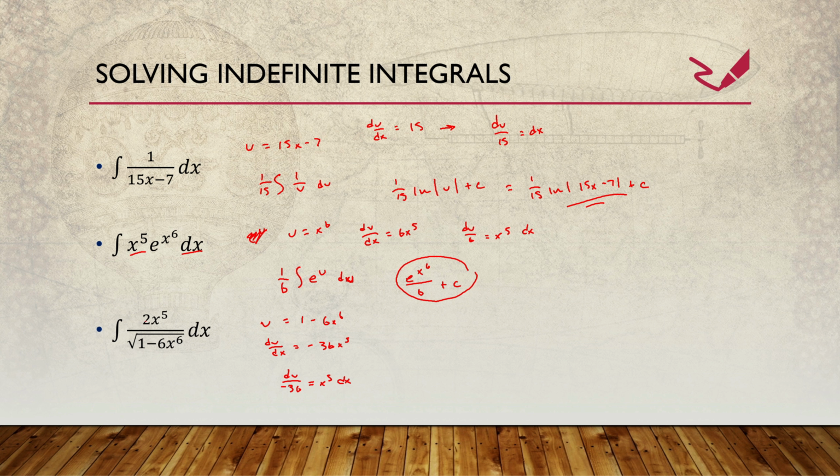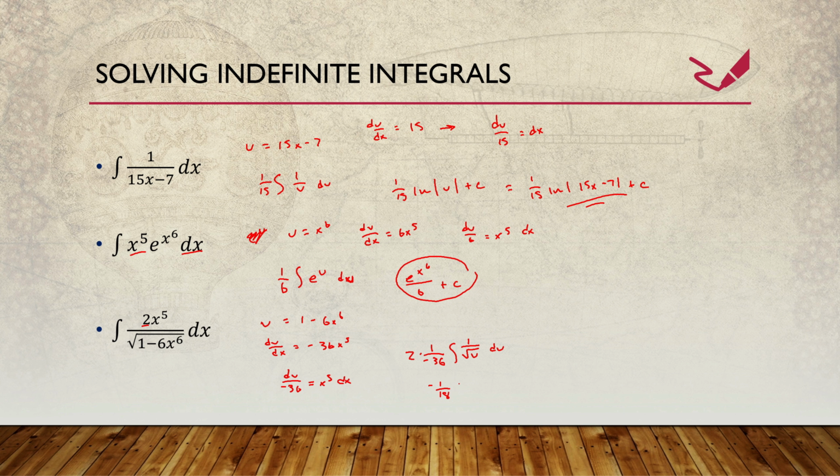Since there's a constant of 2, we'll put that outside of the integral. So you would have 2 times 1 over negative 36. We'll do the integral of 1 over the square root of u in du. So just by doing this, this turns into negative 1 over 18.